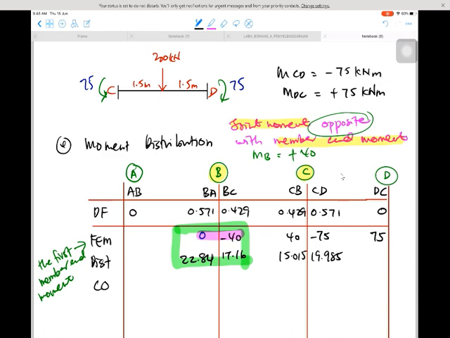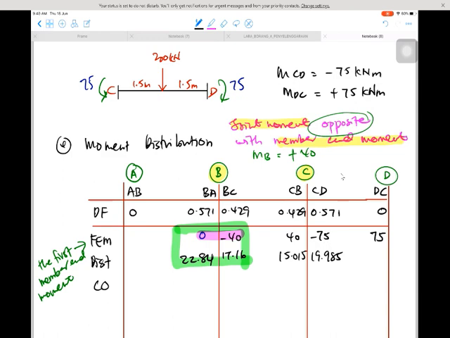Distribution factor: remember that for fixed ends A and D, the distribution factor equals 0. Since the fixed end is not the end of the structure, in the formula for the distribution factor we need to divide by infinity. That is why the fixed end distribution factor equals 0.